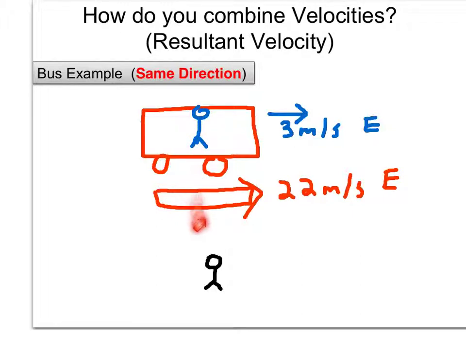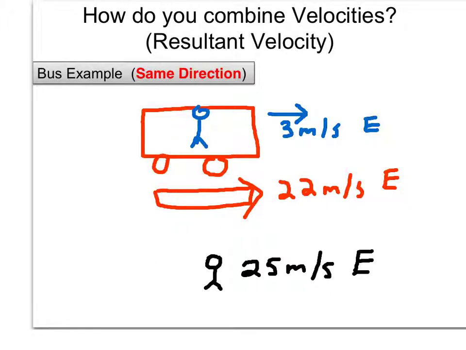He'd get a speed of actually 25 meters per second east. So when vectors are both going the same direction, we combine them and add them together. And the actual speed of the person walking forward on the bus is actually 25 meters per second east.